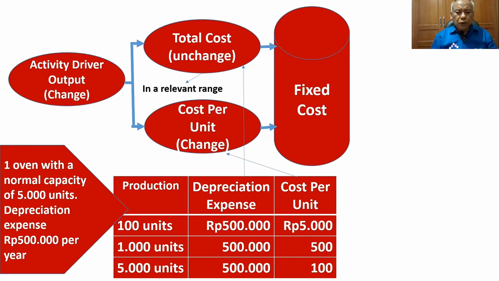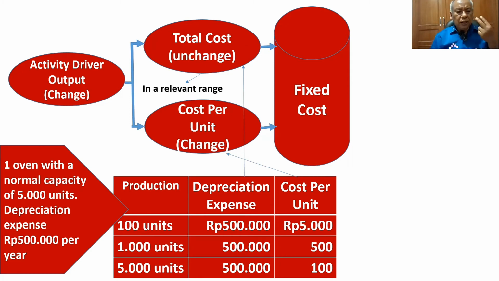For example, if the demand for our product is greater than 5,000 units, one oven is not sufficient anymore, so we need more ovens.